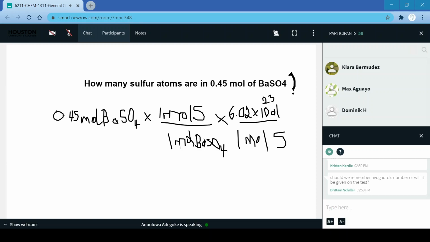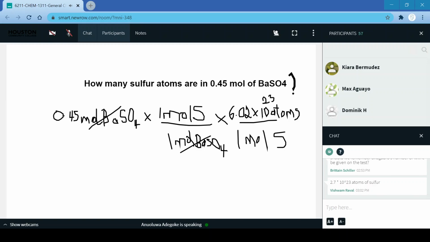And I will explain how we go from the given unit. The given unit is moles of barium sulfate, and what we are told to find is atoms of sulfur. So all the units should cancel out.